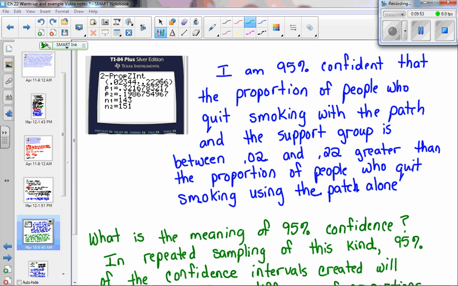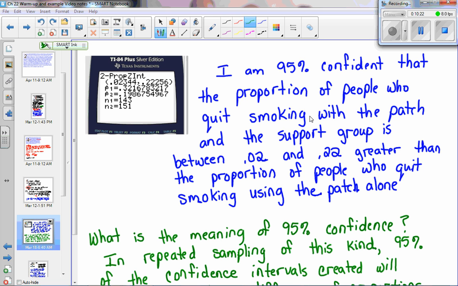Now in this case, 0 is not included. All my values are positive, which means that I'm 95% confident that I have captured the true proportion. And I don't find 0 here, and all the values are positive, so this would provide pretty strong evidence that the support group really does help.